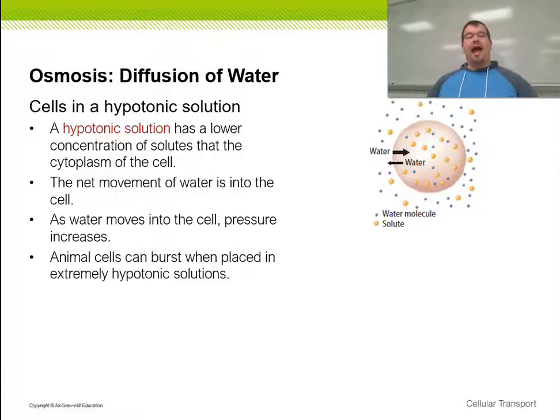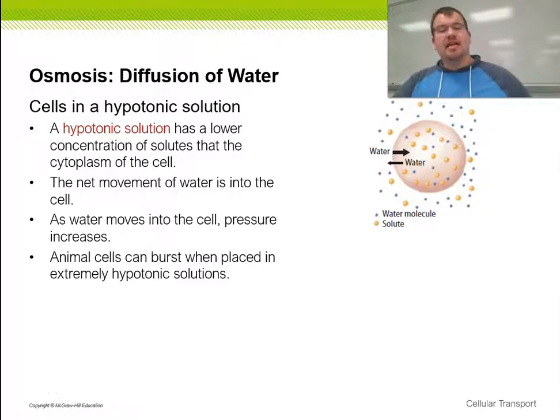So with that lower concentration of solutes outside compared to the cytoplasm of the cell, to even it out, it'll push water into the cell. Now, as water moves into the cell, you can imagine what's happening. I'm pushing more into the cell, so greater pressure is building on that plasma membrane. And this is what can cause the problem.